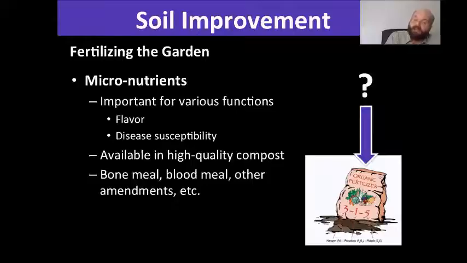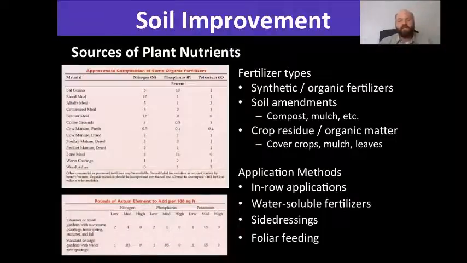Similarly, magnesium can be really important. Boron and sulfur can be really important for fruit flavor. So you want to make sure you have some type of a source of micronutrients. And there's lots of different ways to do that. You can see some of these in this table that came out of your manual here. Many of these, like blood meal and bone meal, have lots and lots of micronutrients. And then you can also buy synthetic ones as well.